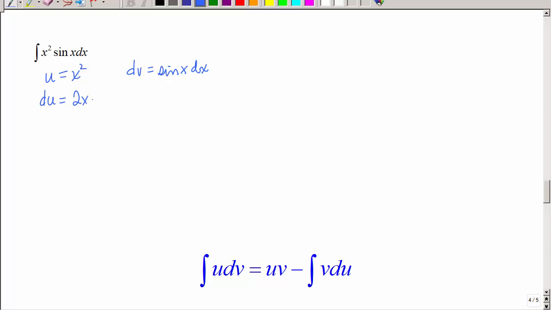So we need to take the derivative, and I need to integrate. Now, how do we integrate the sine? Yes, it's negative cosine of x.